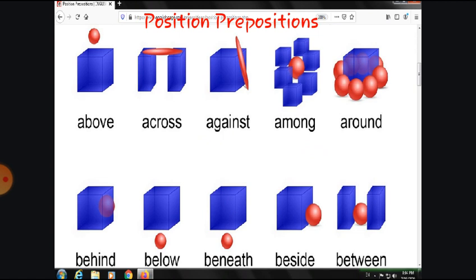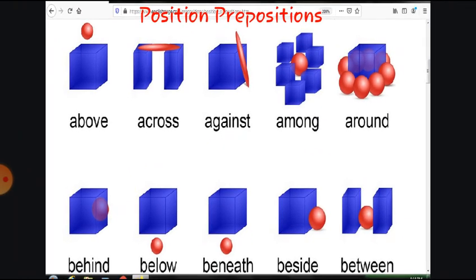So in the picture on the slide you can see one box is there, and above the box one ball is there. So from this example, from this picture, you can say that the red ball is above the blue box.